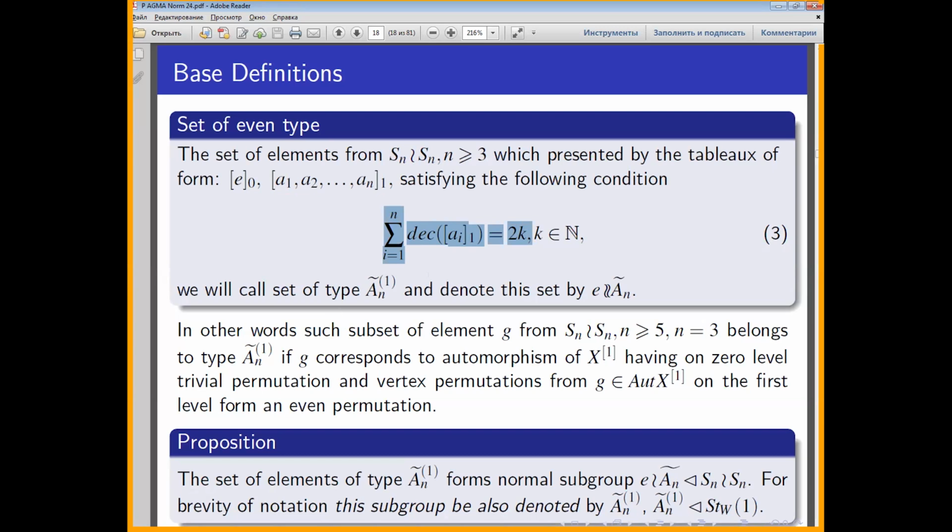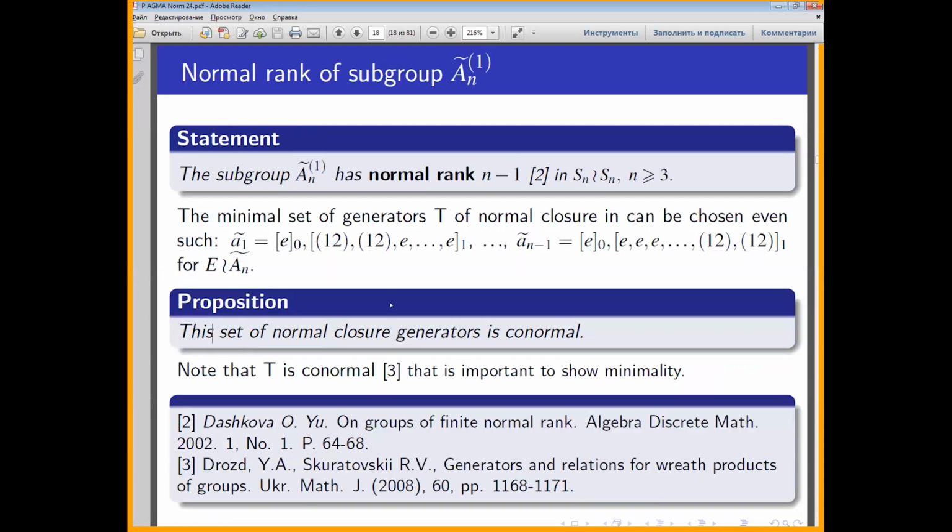And surely, this property specifies the subdirect product, and we denote it correspondingly. This subgroup is also denoted by A tilde 1n, and it's a normal subgroup. The normal rank of this group is n minus 1, and the set of generators of the normal closure is the following.